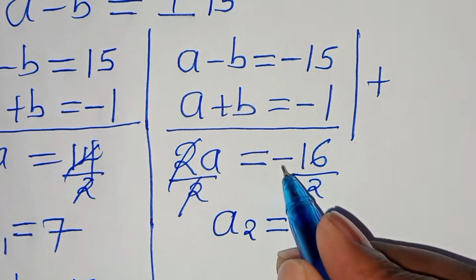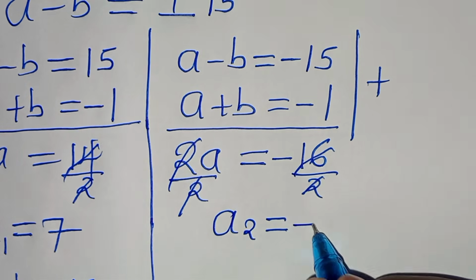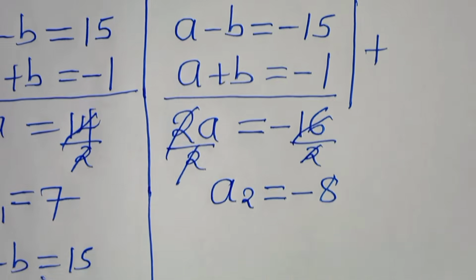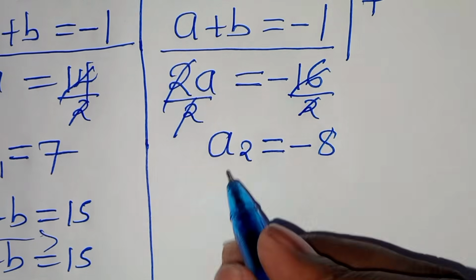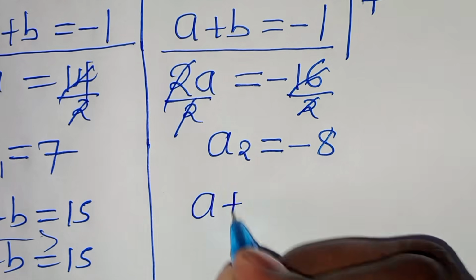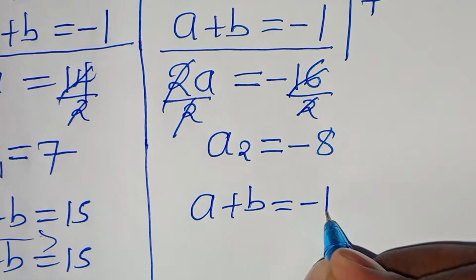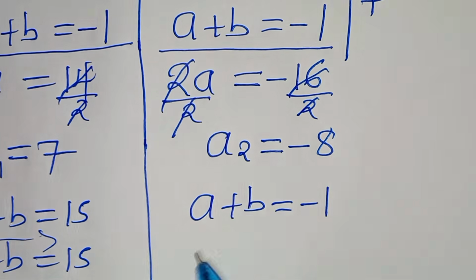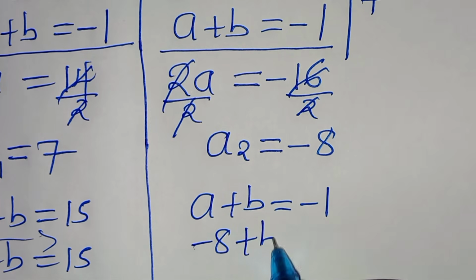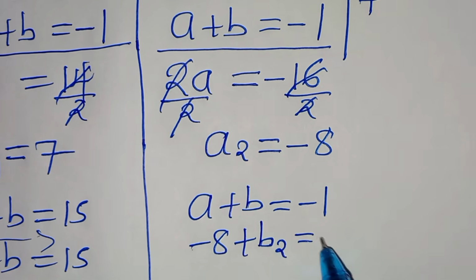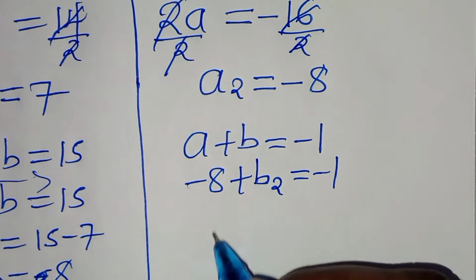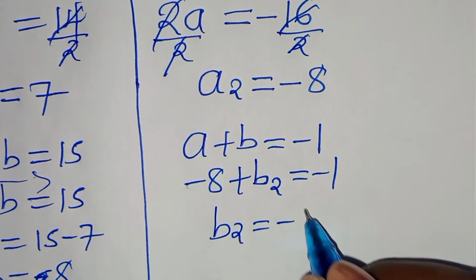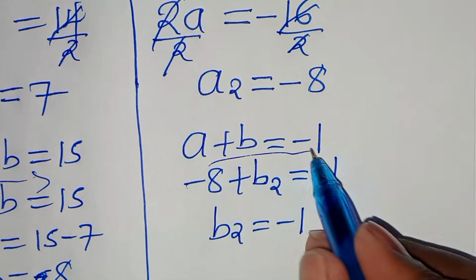Now let's divide both sides by 2, and this means that A2 is equal to minus 16 over 2, which is minus 8. Now we can solve for B2. Remember A plus B is equal to minus 1. We have A, which is minus 8, so minus 8 plus B2 is equal to minus 1. Let's take minus 8 to the right hand side.